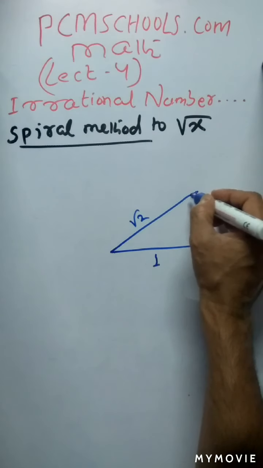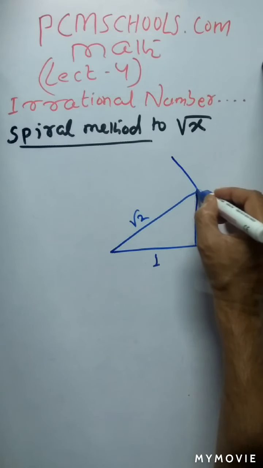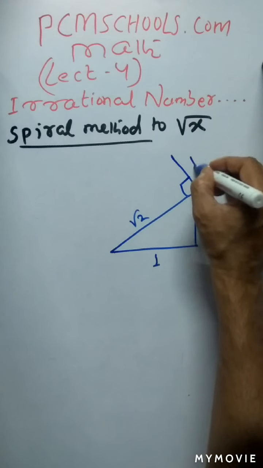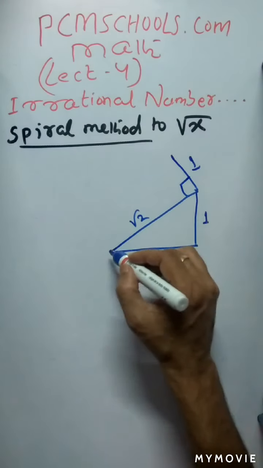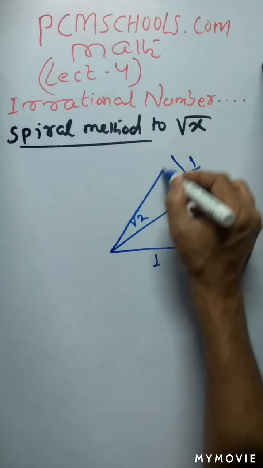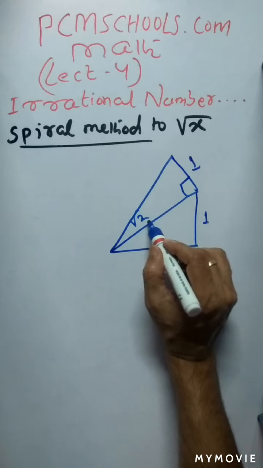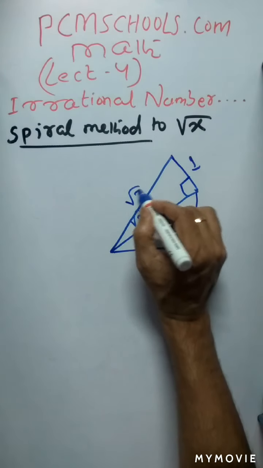Now, on this root 2 side, you make a right angle triangle and take again 1 unit. Now see, this is root 2, this is 1. If we take the hypotenuse of this triangle, it is the square root of the square of root 2, that is 2 plus 1, that is 3. So square root of 3.